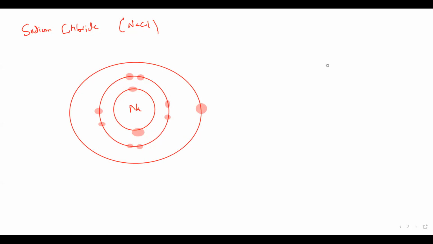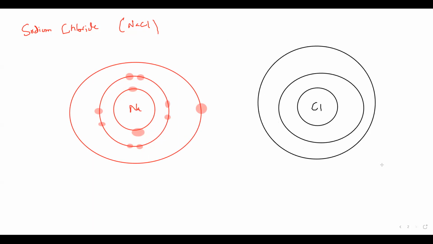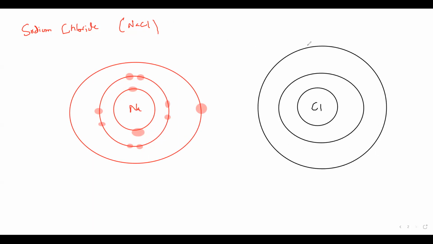Then for chlorine, there are 17 electrons. So first shell, there are 2. Second shell, there are 8. And the third shell, there are 7. So first shell there are 2 electrons, second shell there are 8 electrons, and the third shell there are 7 electrons.